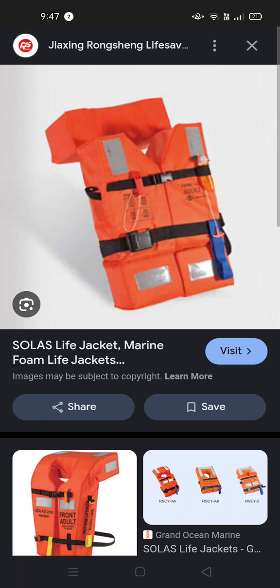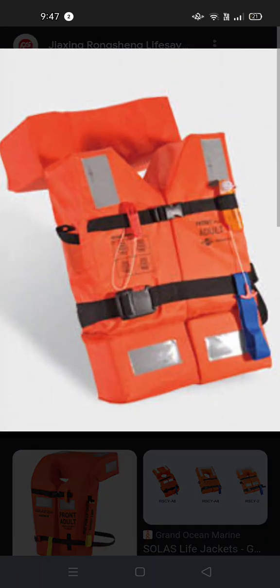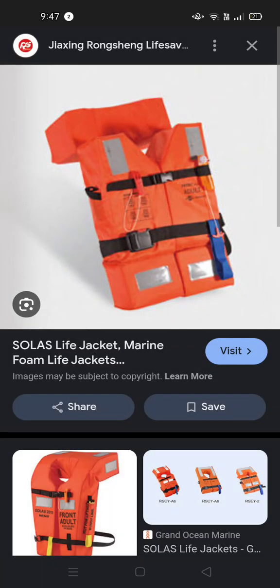Apart from that, a person wears it and jumps from a height of 4.5 meters, he should not get any kind of injury. Secondly, if the life jacket is for small kids, for children, then it should have a total quantity of 10% of the total passengers, or one for each child.